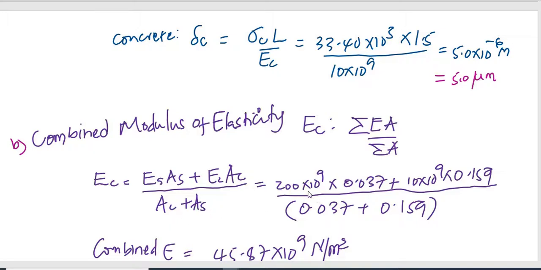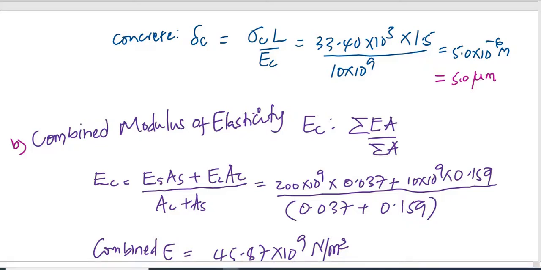This would give you 200 times 10 power 9 times 0.37 plus 10 times 10 power 9 times 0.159, this being the information for concrete, divided by 0.037 plus 0.159.